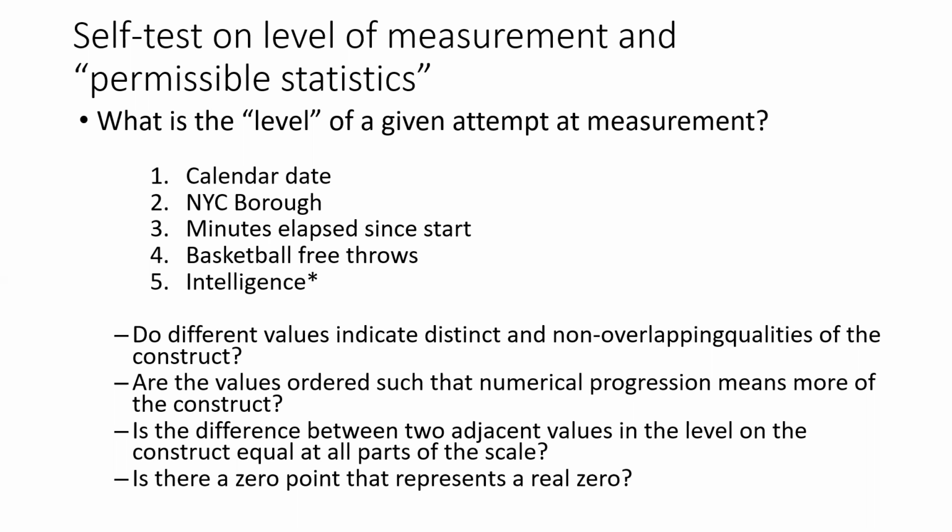Where things like intelligence start to get a little funny, because someone might say, well, "more" of what? If you have a higher IQ score than someone else, then you have more of what?